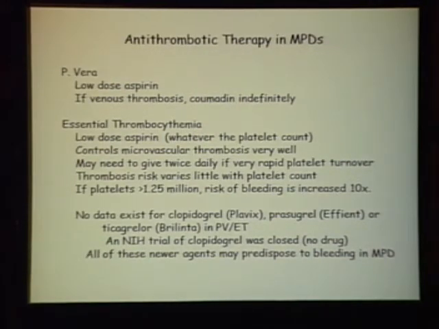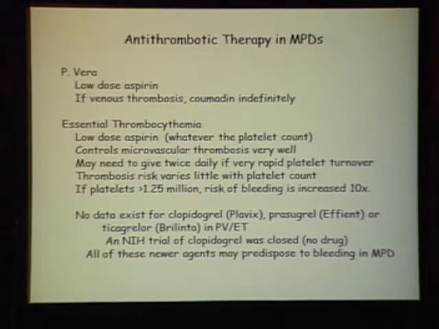Should the newer anticoagulants, the new oral anticoagulants such as Xarelto, be used in this situation? There is absolutely no data on this point. The problem with using Xarelto or the similar agents which are now coming on the market is that there is no antidote and that they all have a certain risk of bleeding that is probably higher than the risk of bleeding from Coumadin.